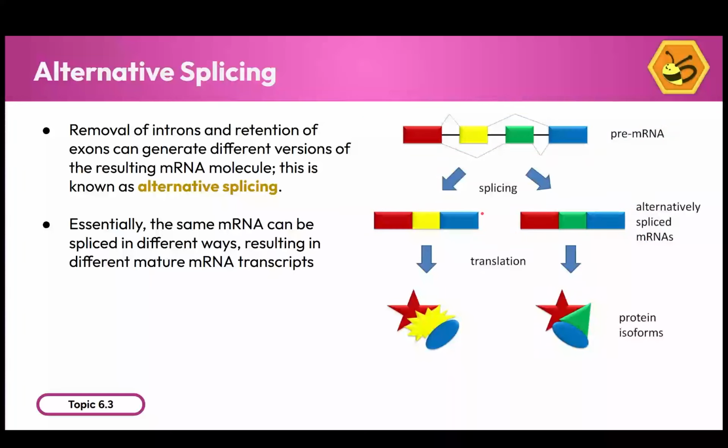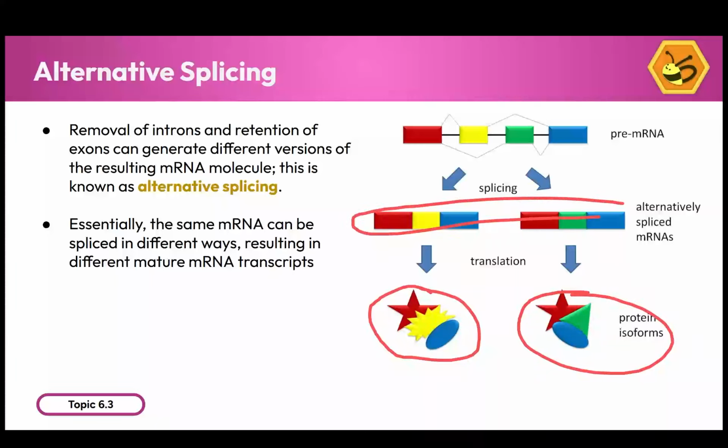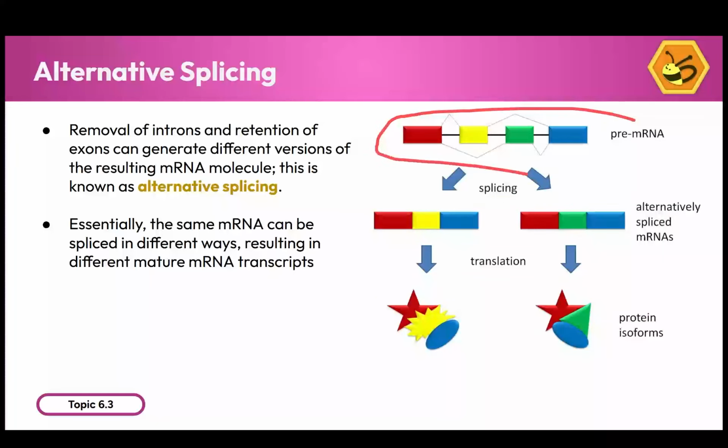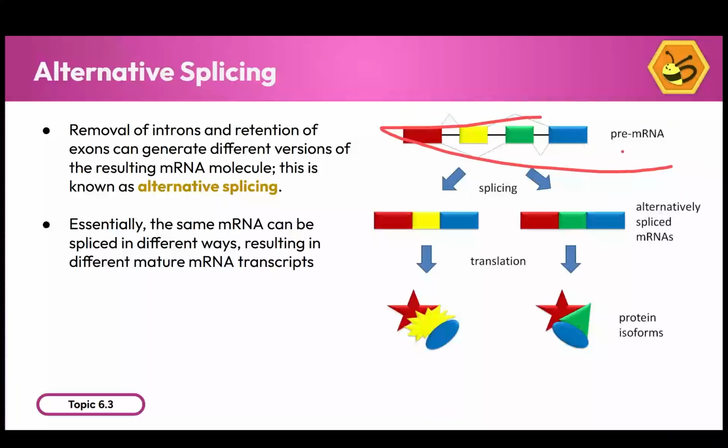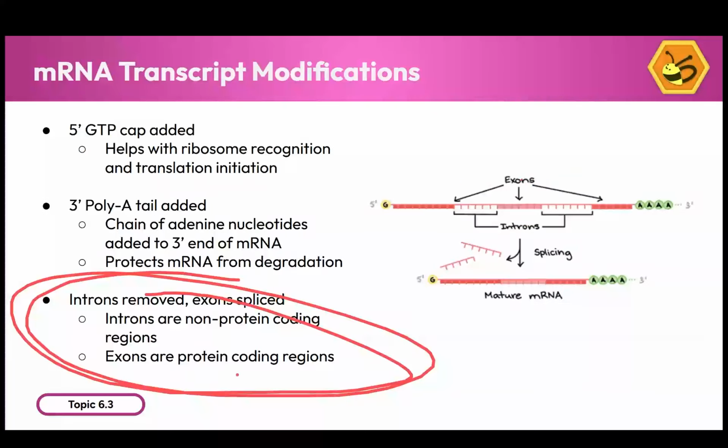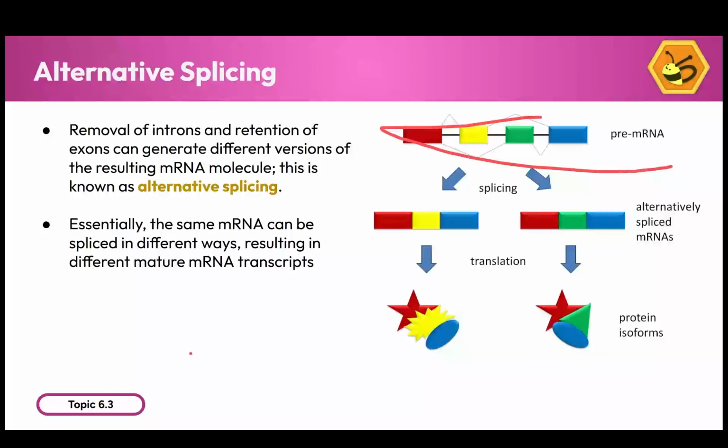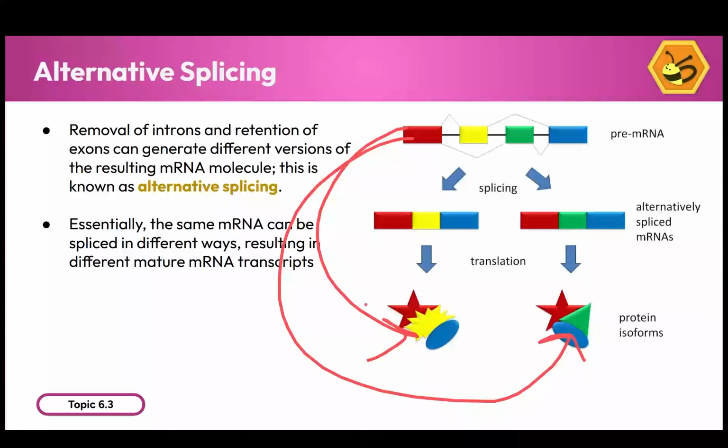Then during translation, which is when these mRNA molecules are read, different polypeptides and proteins can be made from a single pre-mRNA. That's the main takeaway you should know: a single pre-mRNA molecule, before the removal of introns and exon splicing, can produce multiple different proteins. This helps increase the diversity of proteins that an organism can produce.